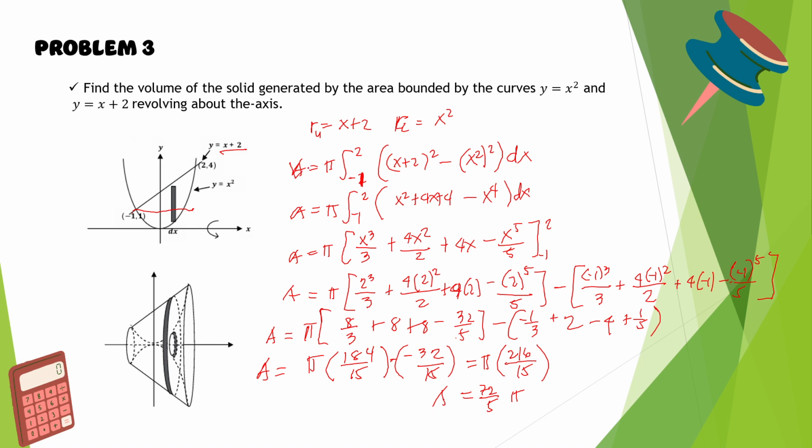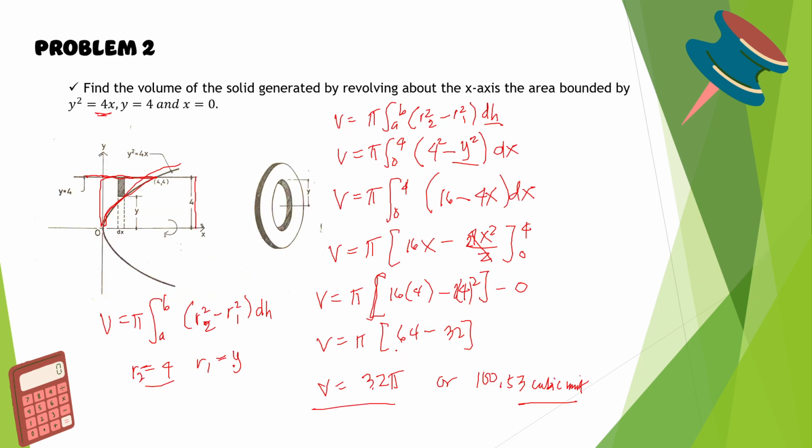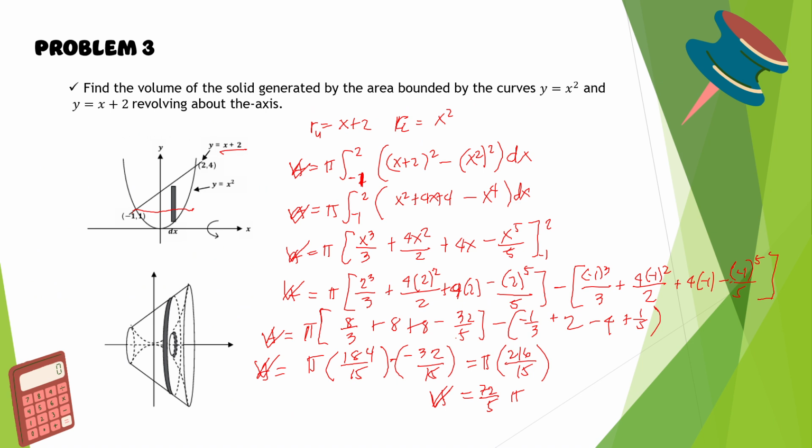The volume, rather, the volume, not the area. The volume is 72 over 5 pi, or that is 72 divided by 5 times pi.